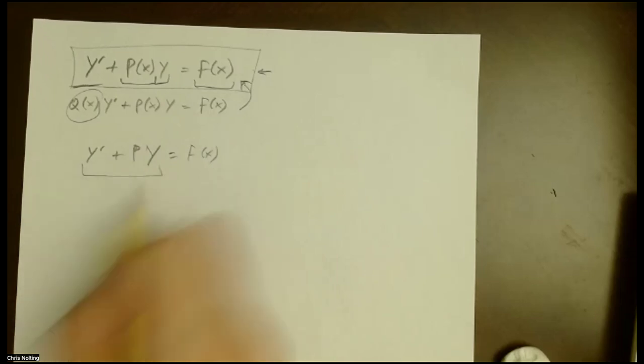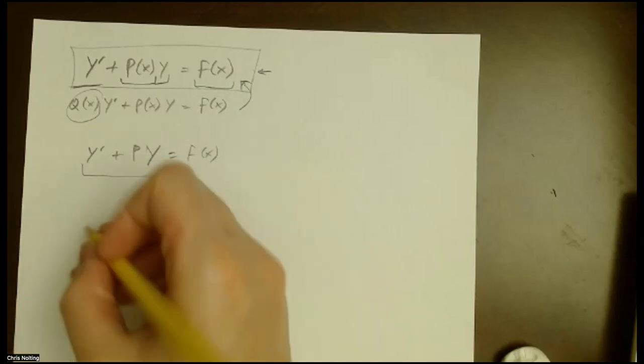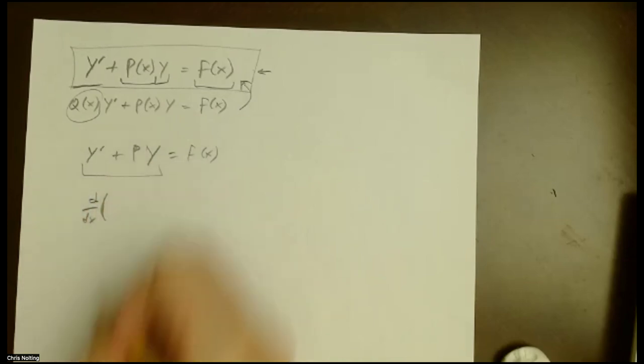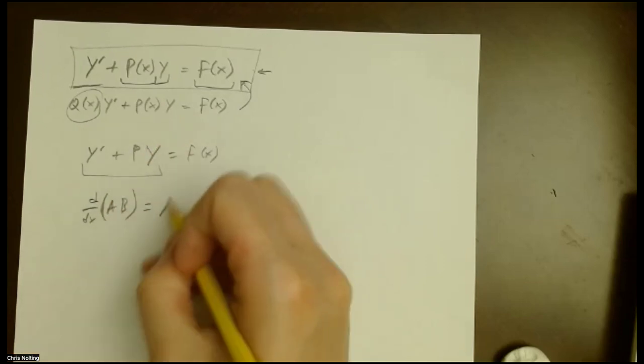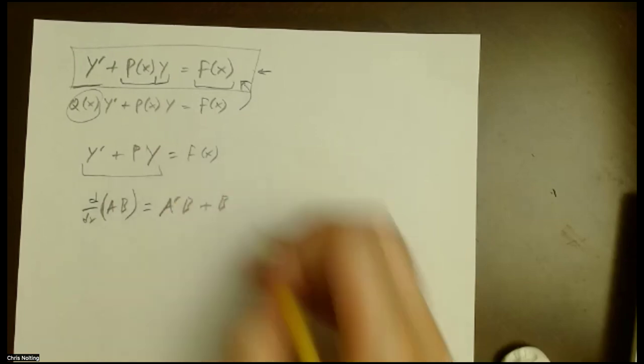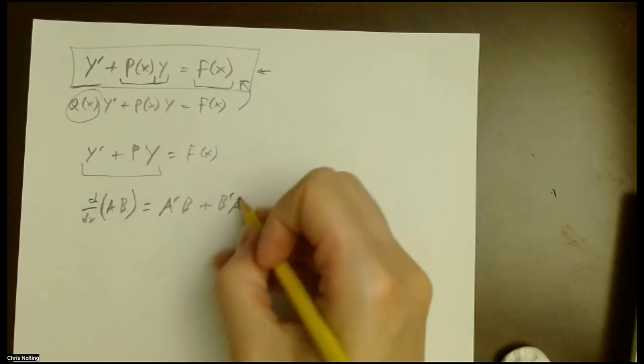But I want you to just look at this left side and recognize that this looks a little like a product rule. If we have the derivative with respect to x of two functions multiplied together, we would get something like a prime b plus b prime a, like that, right?